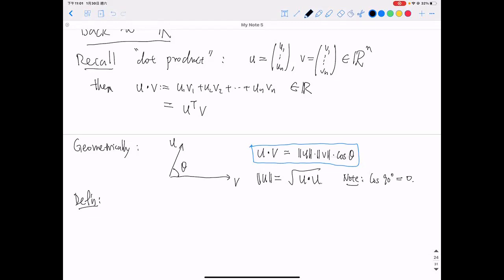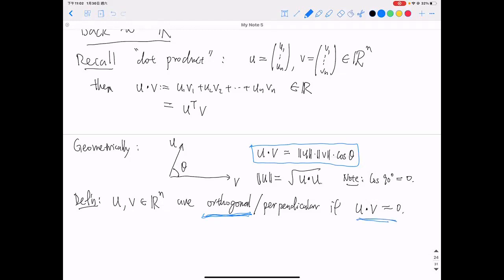And that means the following: the two vectors u and v in Rn are orthogonal or perpendicular if the dot product is 0. Okay, that's the definition. In R2 it's easier to see this. In Rn you want to work with this as a definition.